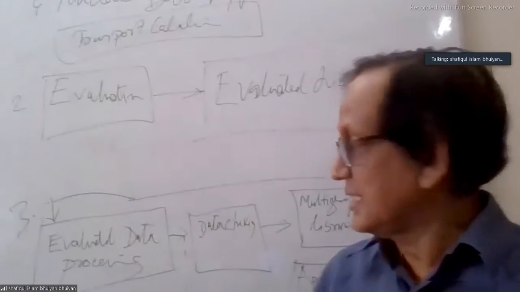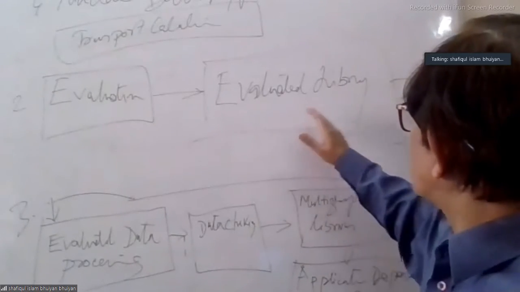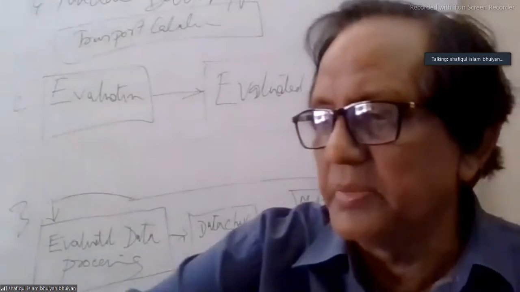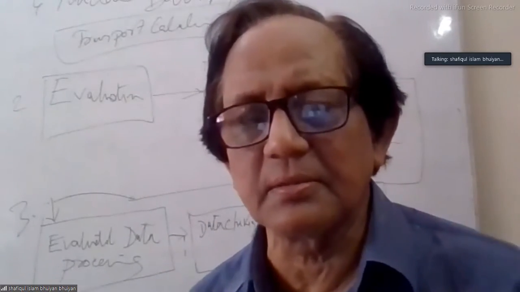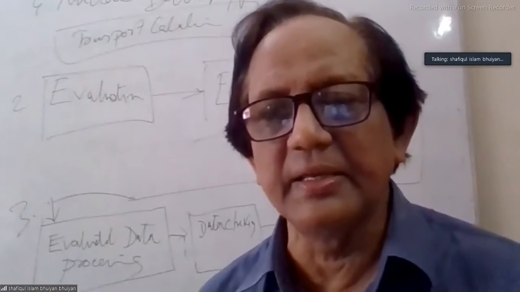And as I was telling you about the evaluated library, how many evaluated libraries are in the world? These evaluated libraries, as I said, for Bangladesh or third world countries, they can request from the IAEA nuclear data section.